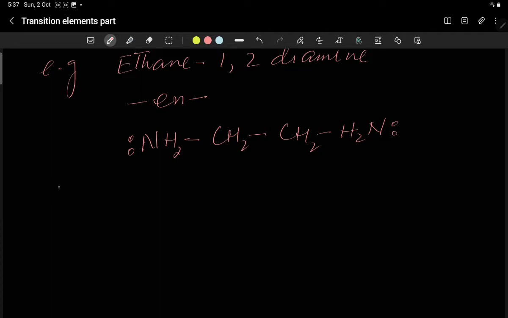The second example is ethanedioate, or oxalate ion.